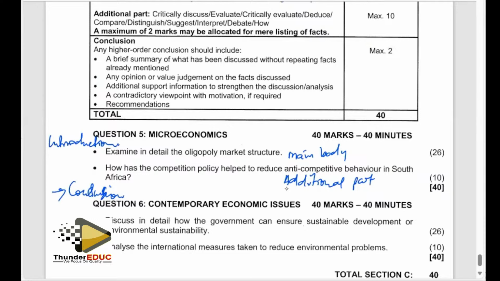Okay, right. So now let's check the nature of the product under oligopoly. So now the product may be homogeneous in pure oligopoly. So if the product is differentiated, it is known as a differentiated oligopoly. Okay, now let's check our market information. There is incomplete information on the product and the prices.